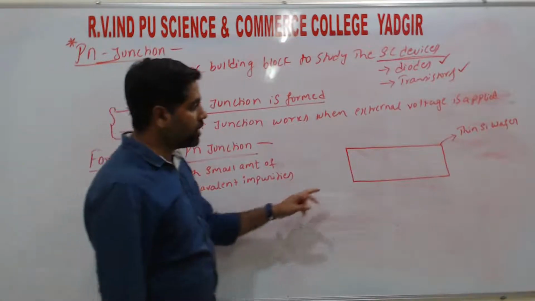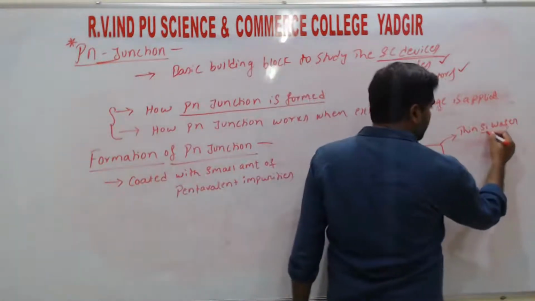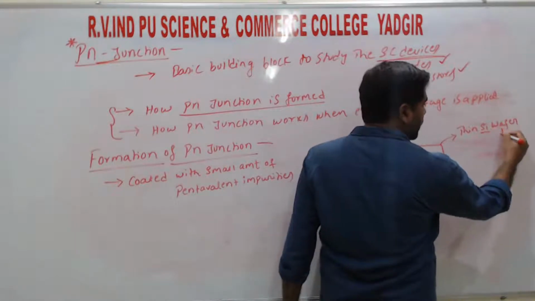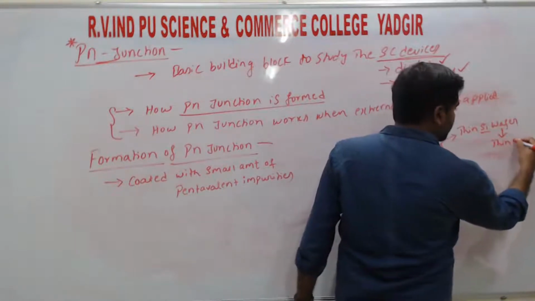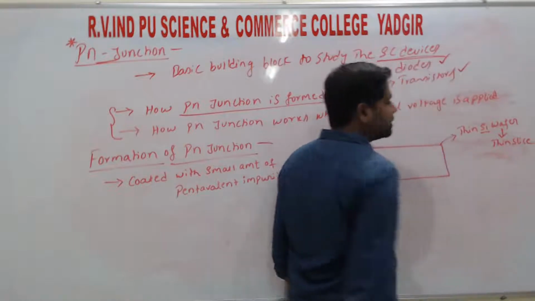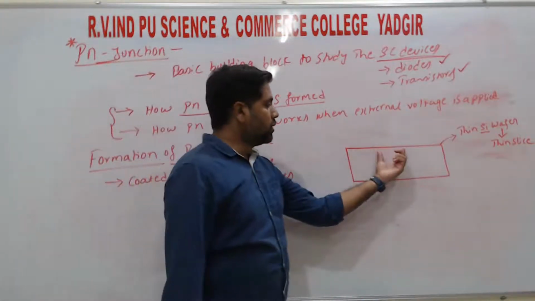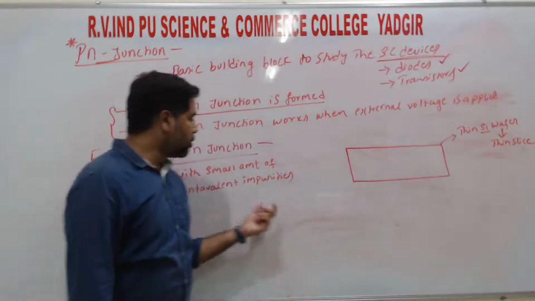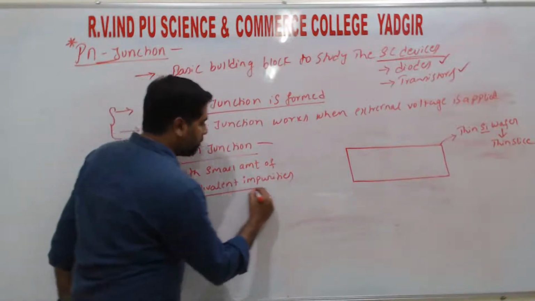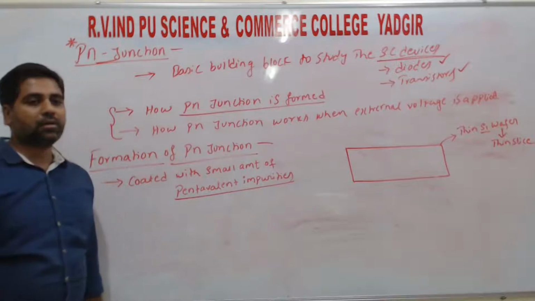So initially we have taken one silicon wafer, that means a wafer is nothing but a thin slice of the intrinsic semiconductor. So that pure semiconductor is again coated with the pentavalent impurities, right?